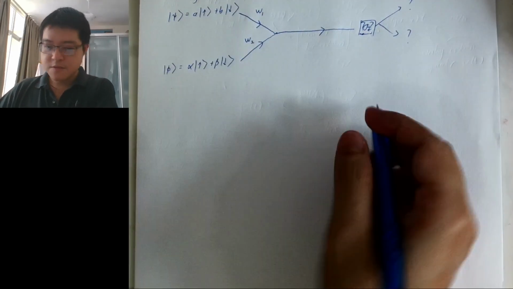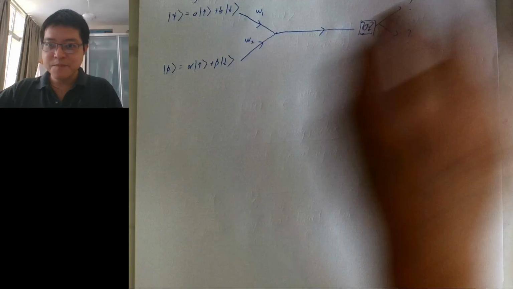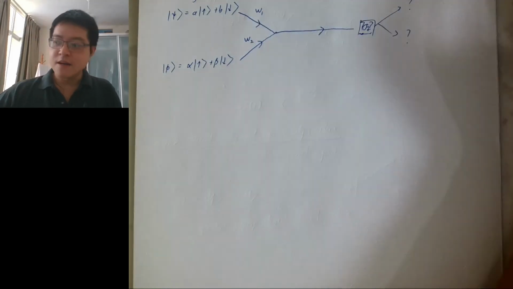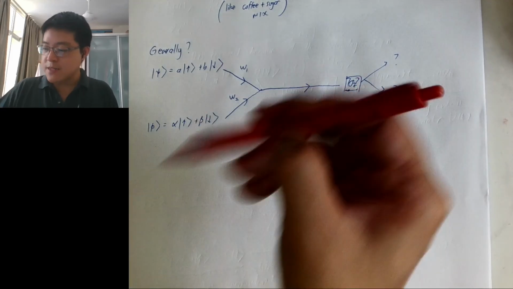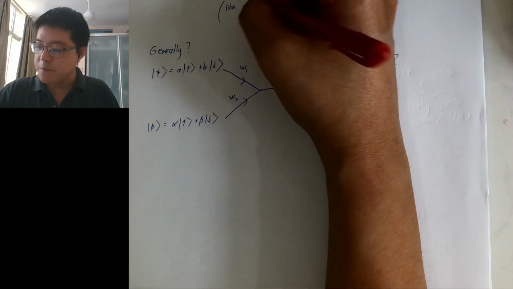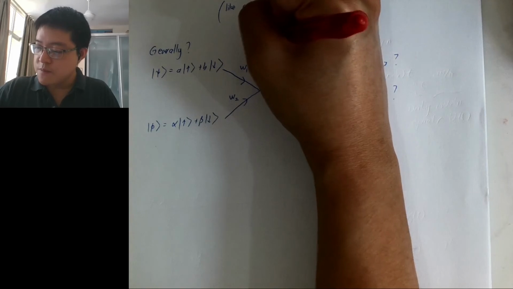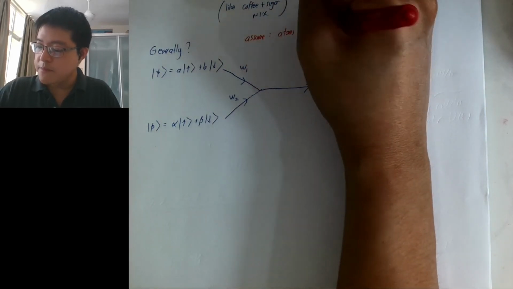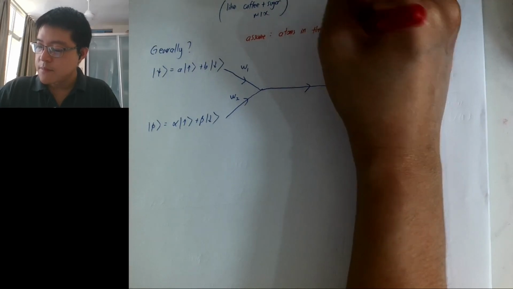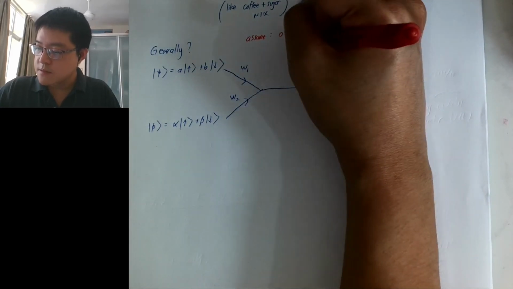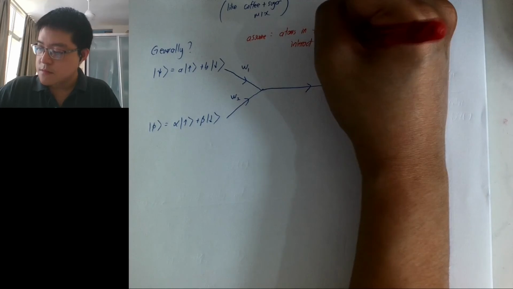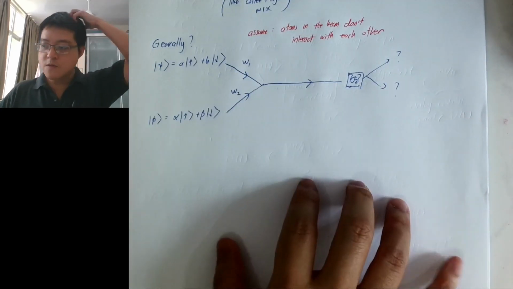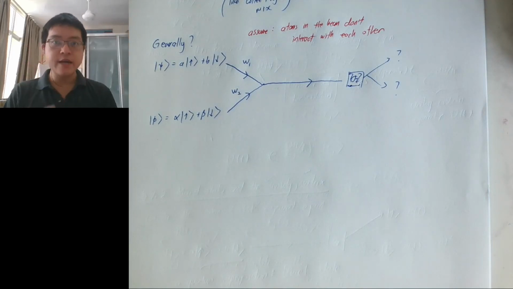Interesting question. No, they're not entangled. For the moment, there's one assumption that we make: assume that the atoms in the beam don't interact with each other. They might become entangled if they interact with each other.